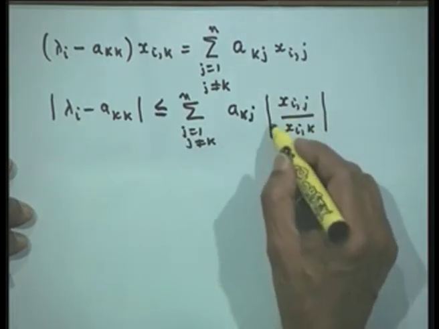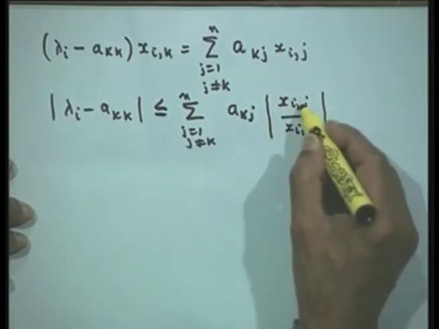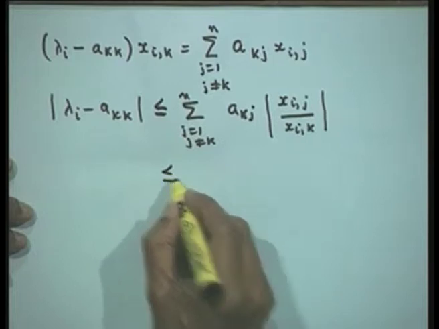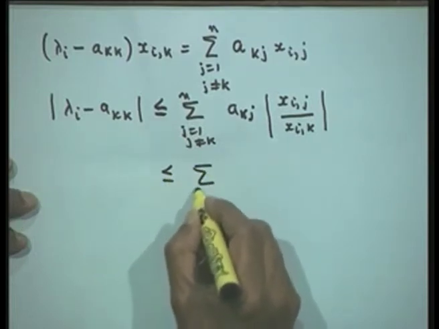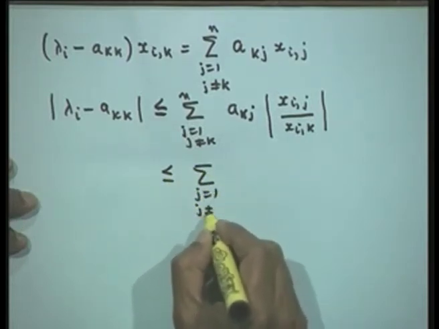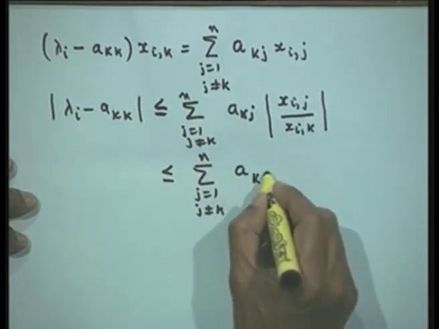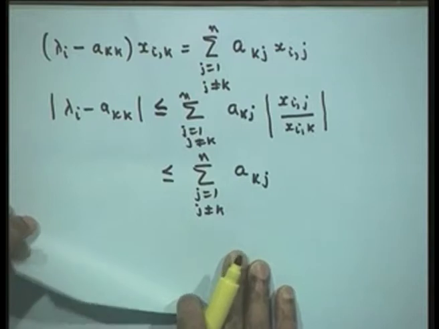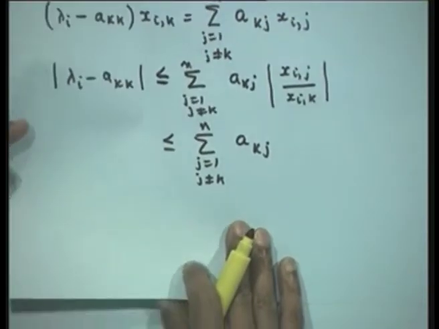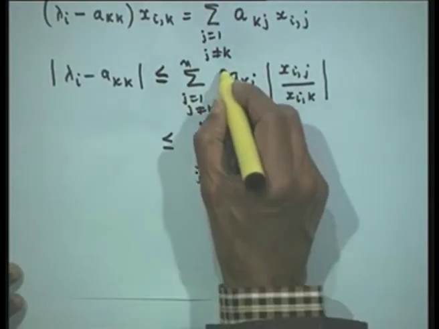But these ratios are all less than or equal to 1. Therefore this is less than or equal to simply the sum over j of the modulus of akj.